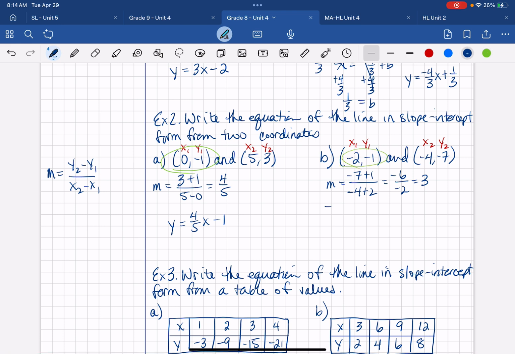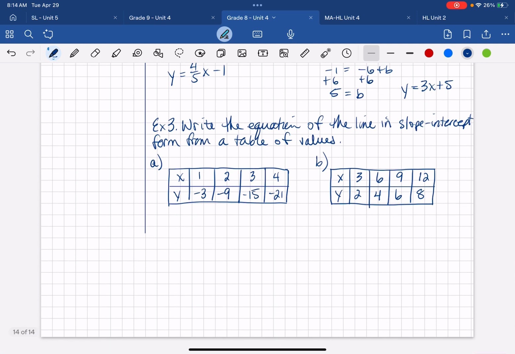I'm going to say negative 1 is equal to 3 times negative 2 plus b. That's minus 6 plus b. Add 6 to both sides. I get b is equal to 5, which means my equation is y equals 3x plus 5.